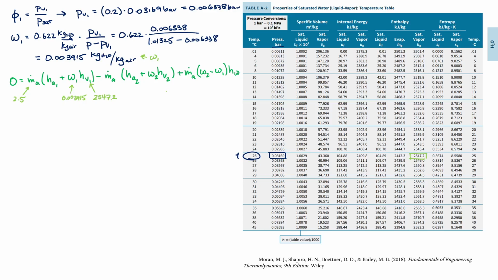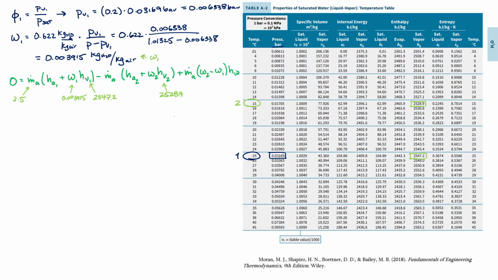And my H vapor 2 here is the same thing, except at state 2 we are at 15 degrees. So at state 2 I'm going to grab this value right here, which is 2,528.9 kilojoules of energy per kilogram of water, again converting.